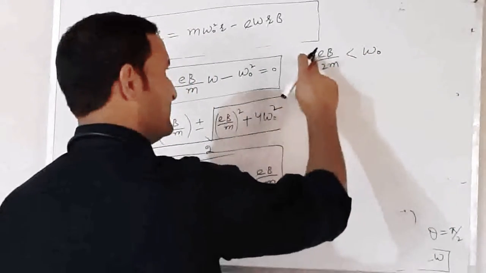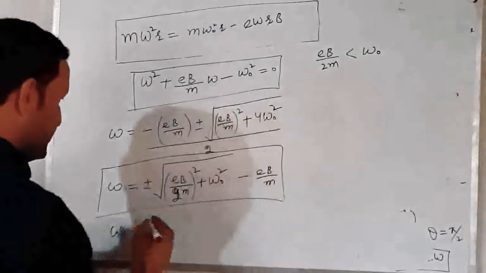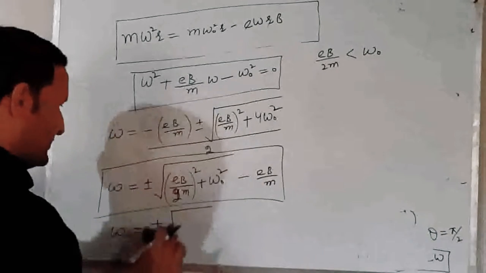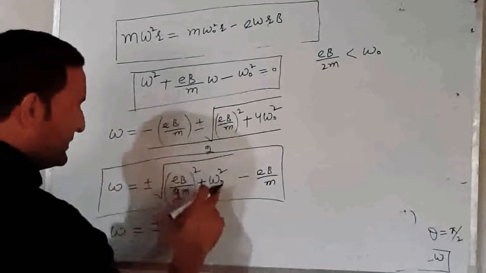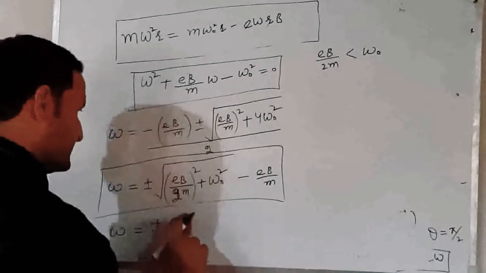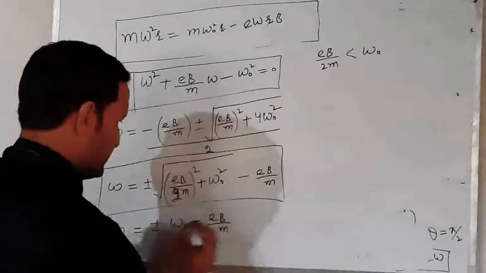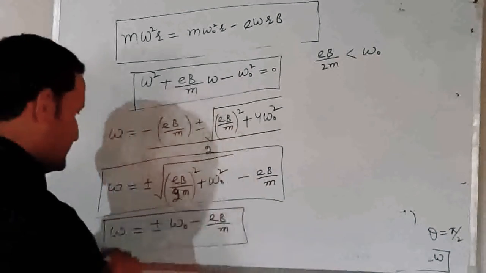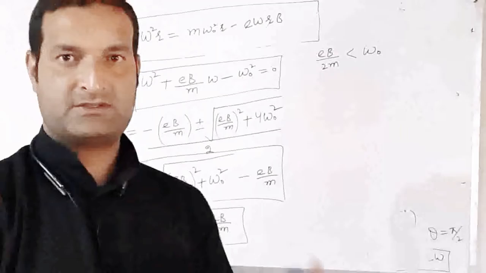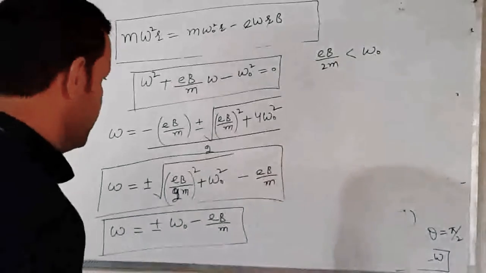If it is very small, the square of this term can be neglected. Then square and root cancel each other, leaving omega naught minus eB upon 2m. So this is the angular frequency for an electron in the presence of magnetic field within the diamagnetic material.